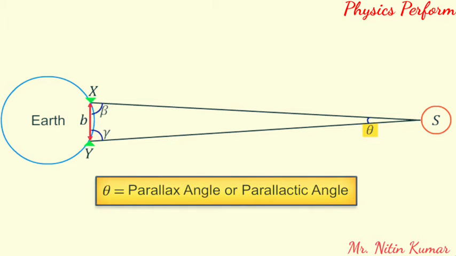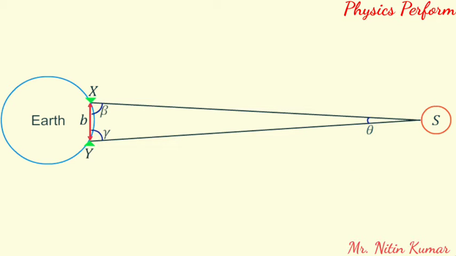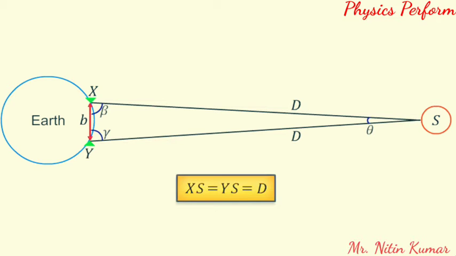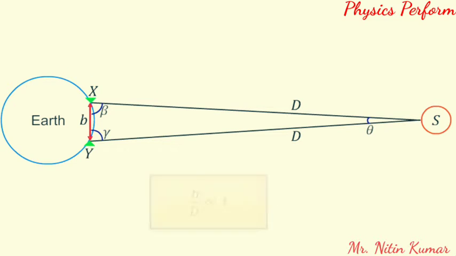As the planet is at very large distance from the Earth, say d, its distance from the two observation points on the Earth, namely XS and YS, can be approximated to be equal. As d is large, the ratio of b to d is less than 1. This implies that the parallax angle theta is very small.